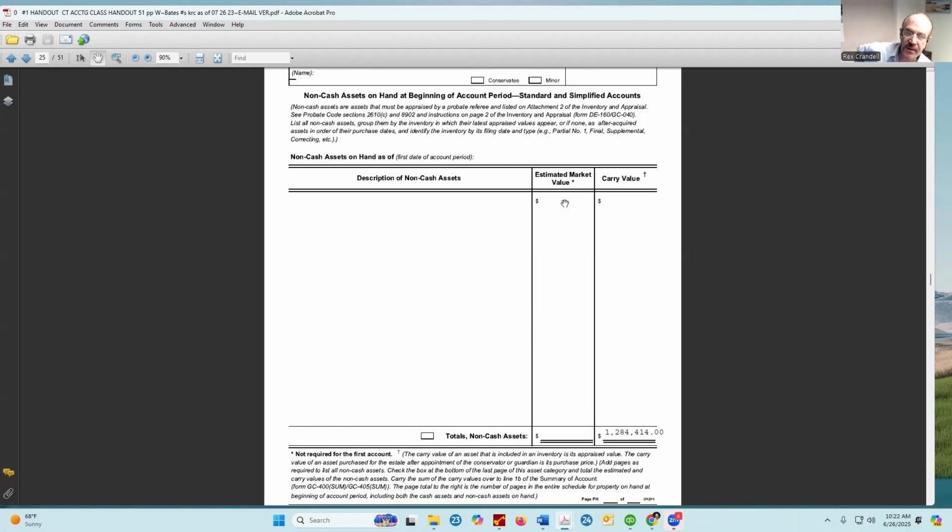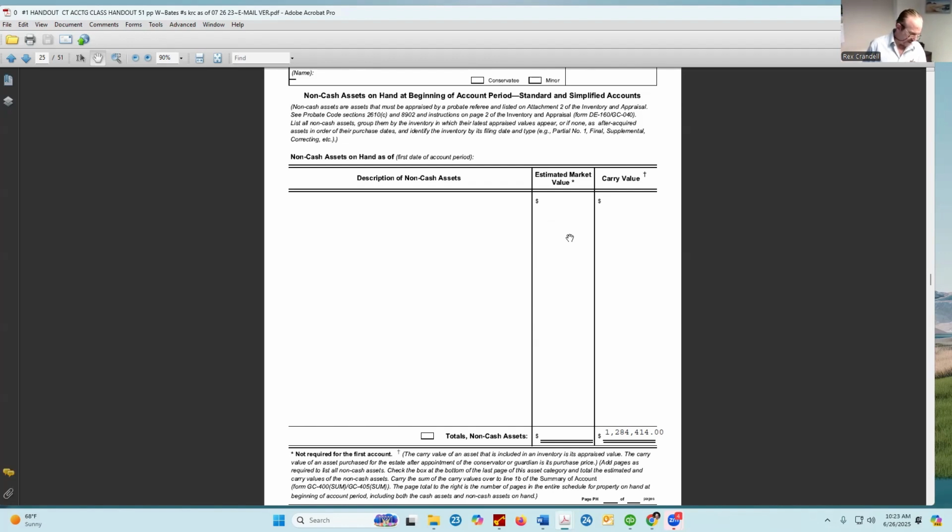Not needed on your first account, it will be needed subsequently. And what usually goes here is the fair market value of the house, as an example, or the fair market value of the stock portfolio.